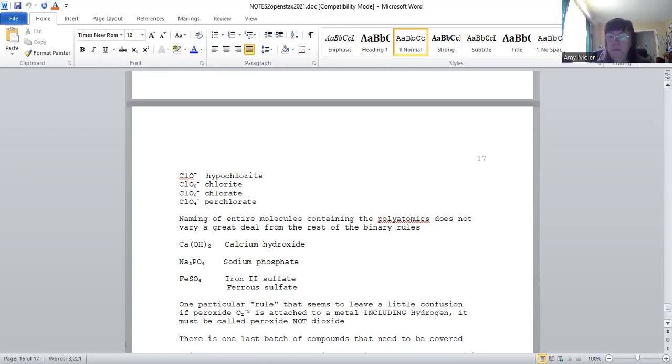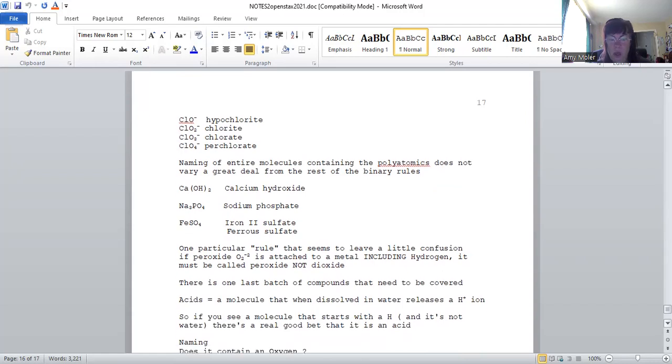How about if we start plugging them into molecules? Okay. The rest of the rules haven't gone away. Is the metal at the beginning a regular metal or a transition metal? CaOH2. Note, my OH is inside its own set of parentheses because I have more than one of them.